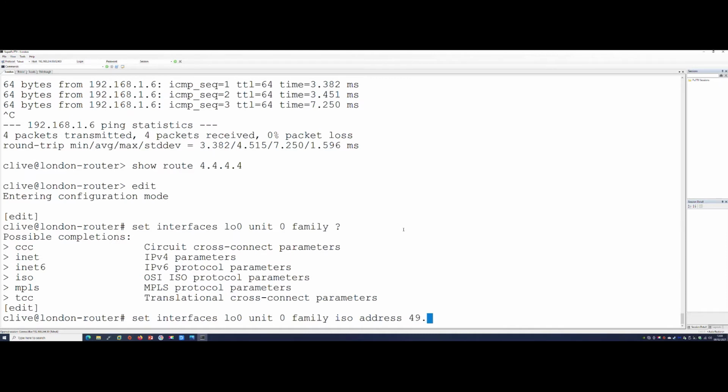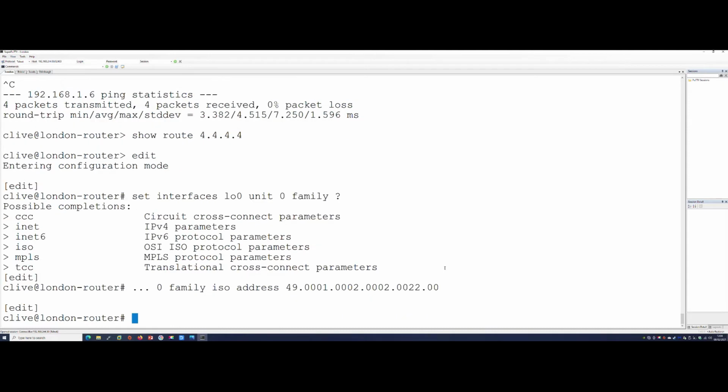You remember area next, 0001. And now we make up the next three sets of 4 digits with our loopback address. So here we're going to go 0002 because you remember it has to be 4 digits. 0002, 0022. That tells me that the IP address is 2.2.2.2 and it's this node 00. That is our ISO address configured.